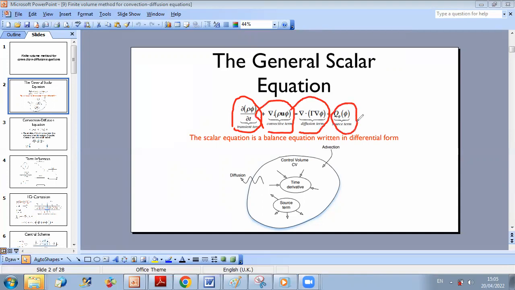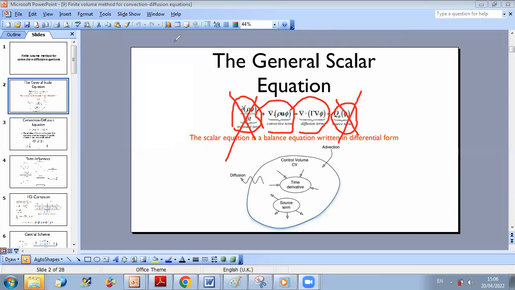Now, when we considered pure diffusion, the transient and convective terms were both zero. Now, since we are considering both convection and diffusion, we'll consider the transient term zero. And if we don't have a source term, in case they just say we have convection diffusion without source terms, we can cancel out this term.